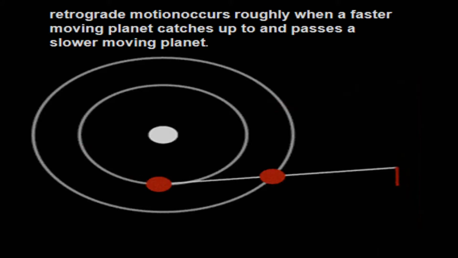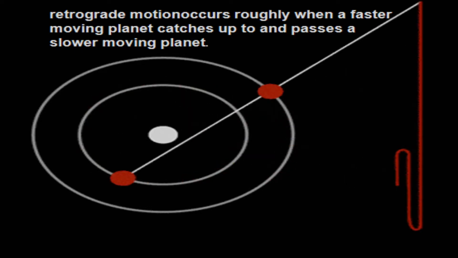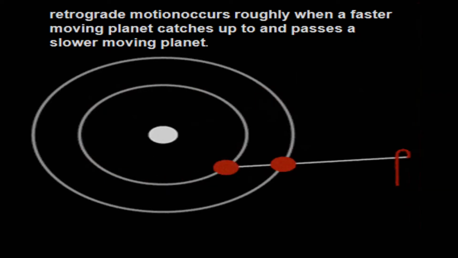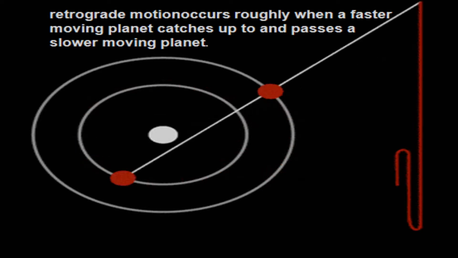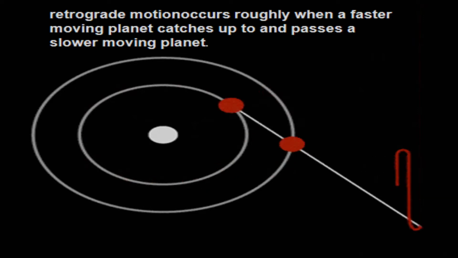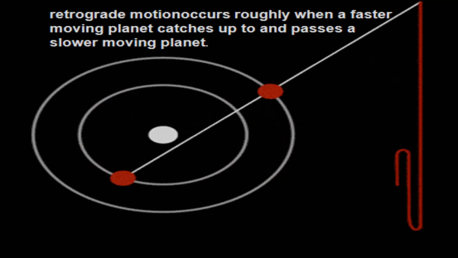So retrograde motion, according to Nicholas Copernicus, occurs when a faster moving planet like planet Earth catches up to and passes a slower moving planet like Mars. So we see here from our perspective here on Earth that Mars moves in a retrograde motion.